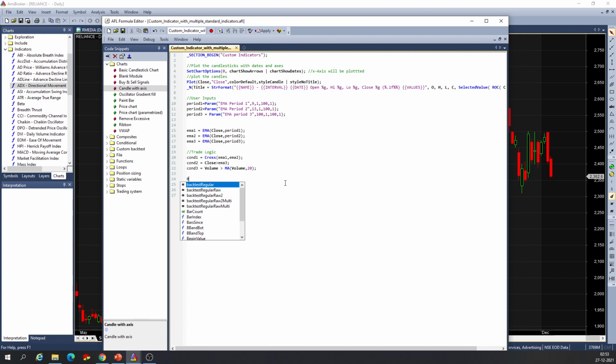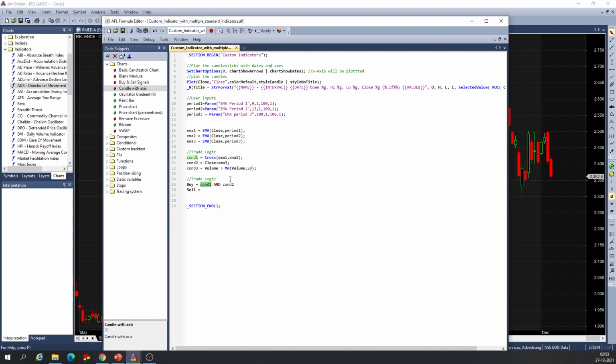All right, so now we give the Buy. Buy is a predefined variable in AmiBroker. Buy and Sell are predefined variables, and this is what defines our trade logic. For Buy, we will have condition 1 and condition 2. This is a logical operator, used whenever we have two or three conditions and all of them need to be true.